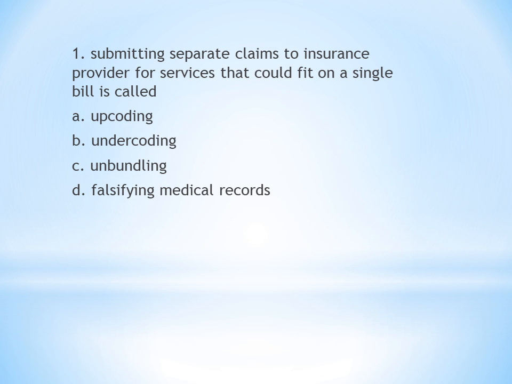First question. Submitting separate claims to an insurance provider for services that could fit on a single bill is called: A. Upcoding, B. Undercoding, C. Unbundling, D. Falsifying medical records. Here, services that would fit in a single bill are coded as separate claims.